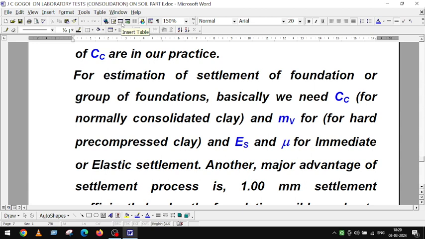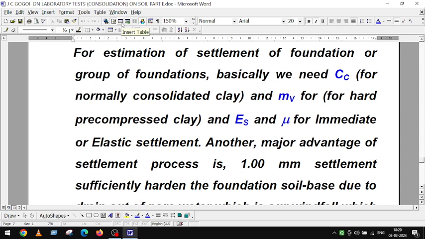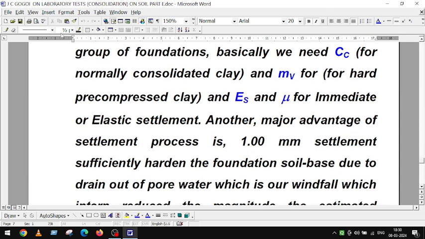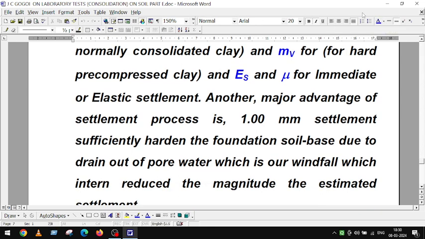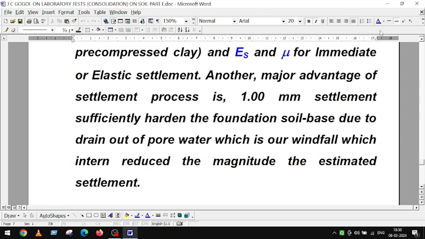Another major advantage of the settlement process is that once 1 mm settlement occurs, the foundation soil base will be sufficiently hardened due to drainage of pore water, which in turn reduces the magnitude of the settlement.